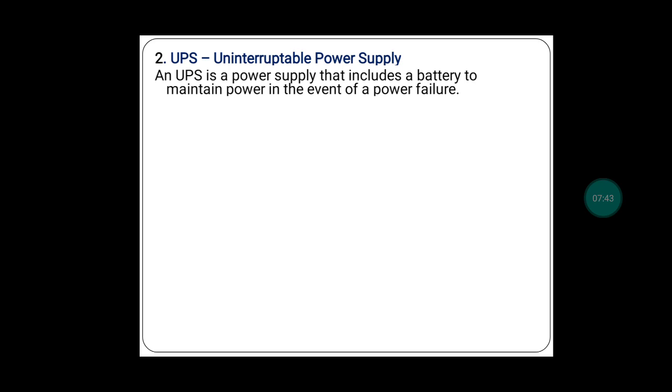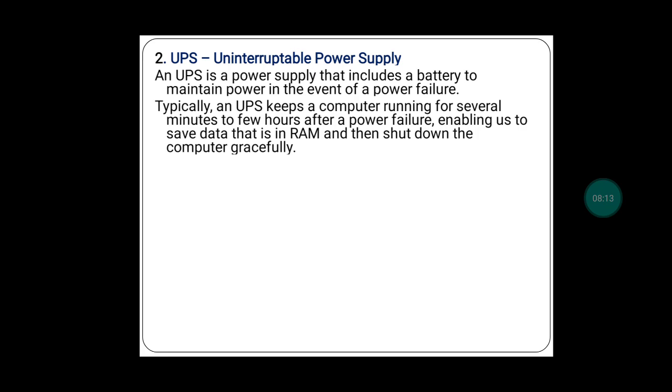So what is this uninterruptible power supply? A UPS is a power supply that includes a battery to maintain power in the event of power failure. Even if the main power goes off, using these batteries you can make your computer systems work properly.